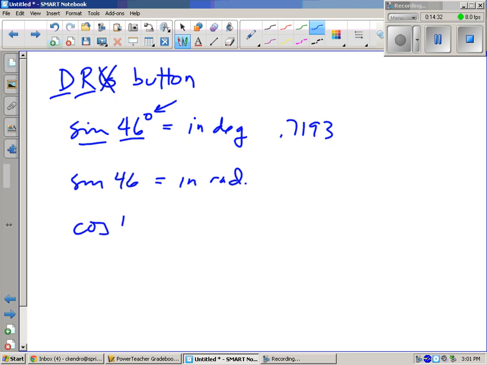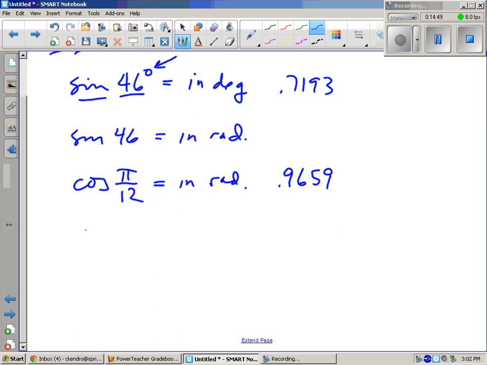Let's try the cosine of pi over 12. Okay, that has to be in radians. There's no degree symbol. So again, in radians, I get 0.9659. Okay, so you should try that and see. Now let's talk about the evil twin here. What if I want secant of pi over 12?